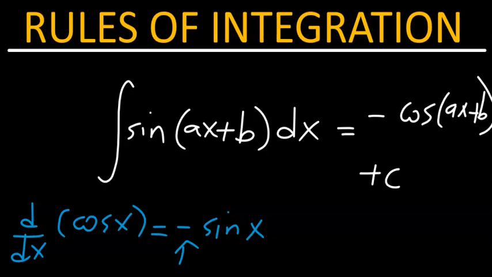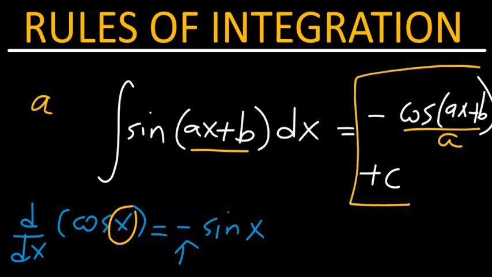However, as before, the argument of sine is ax plus b, where a and b are constants instead of just plain x. So when you take the derivative of ax plus b with respect to x, you get simply a, and that a appears below. And this is the entire result of the integration.